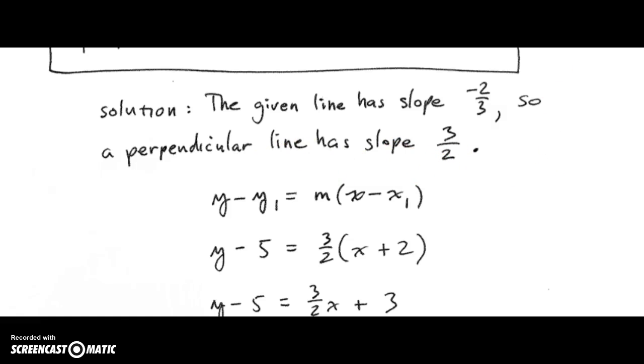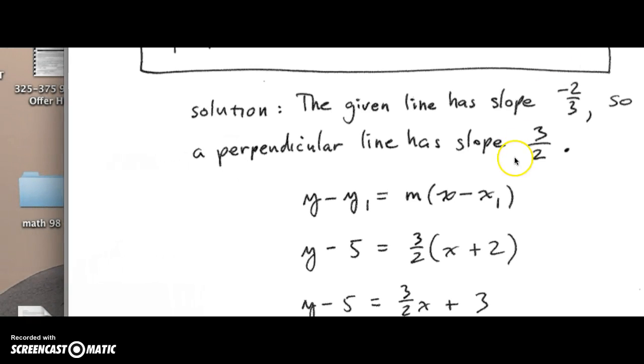And now I can use the point-slope form and say, here it is again, y minus y1 equals m times the quantity x minus x1. I'll put the known slope in place for m, and I'll put in the point that I know I'm going through, which is negative 2, 5, in for x1 and y1. So substituting negative 2 for x1, I get x plus 2, and substituting 5 for y1, I get y minus 5.